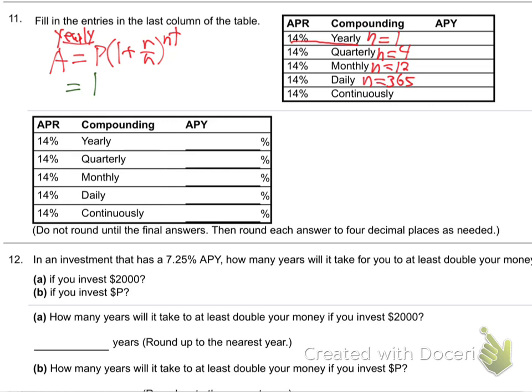So that's what I was saying. You let P be $1, and I'll explain why. Well, let me explain why right now. What if I said, hey, I've got this new fancy account, and my $1 became $1.19 after 1 year.